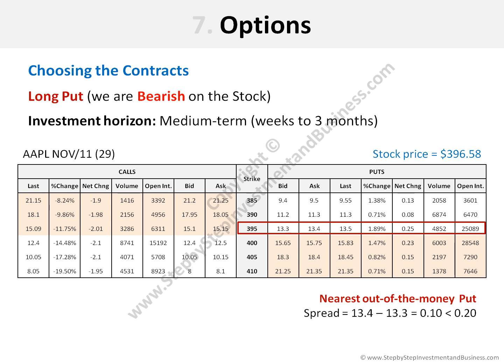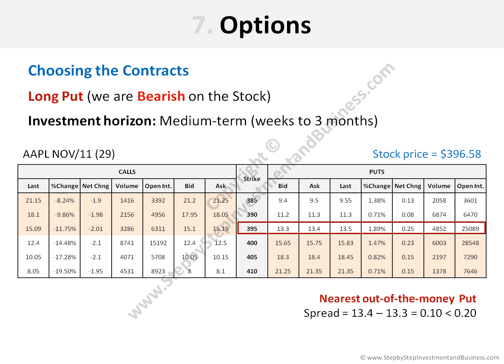The current stock price is $396.58. As we had said, we are interested in choosing the out-of-the-money put nearest the stock price. In this case, the nearest out-of-the-money put is the one with the strike price of $395.